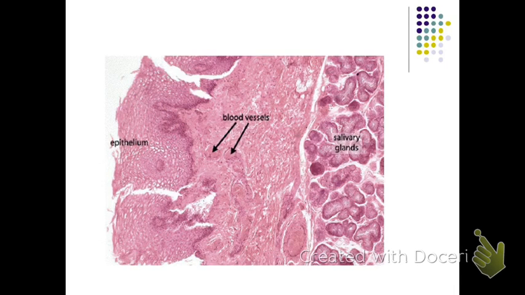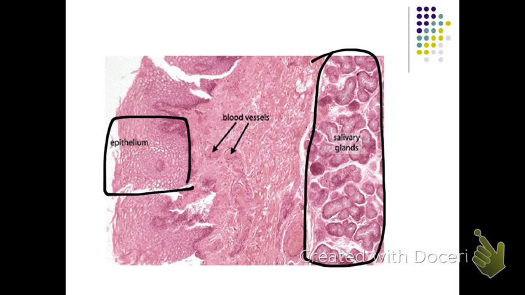And again, these are just the cells of the mouth. You can see how the cells are more square-like and true epithelial cells, with these salivary glands towards the back and the very vascular blood vessels.